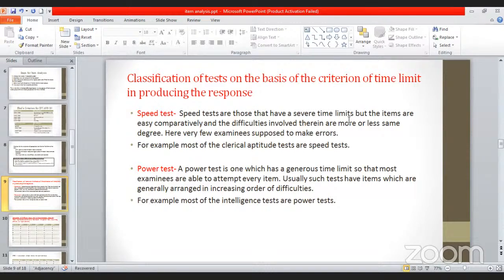Today we will learn the calculation of the difficulty value and the discrimination index on the power test. I have shown you the steps for calculating DV and DI. Now we will learn today through MS Excel. Clear up to that? Is it clear?